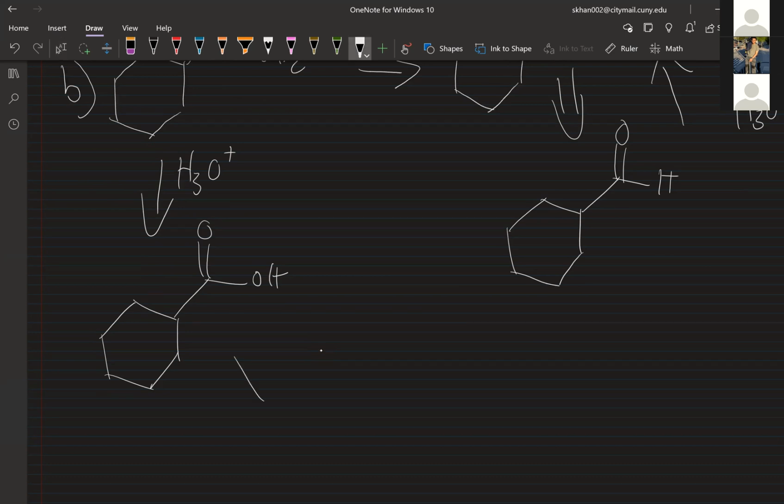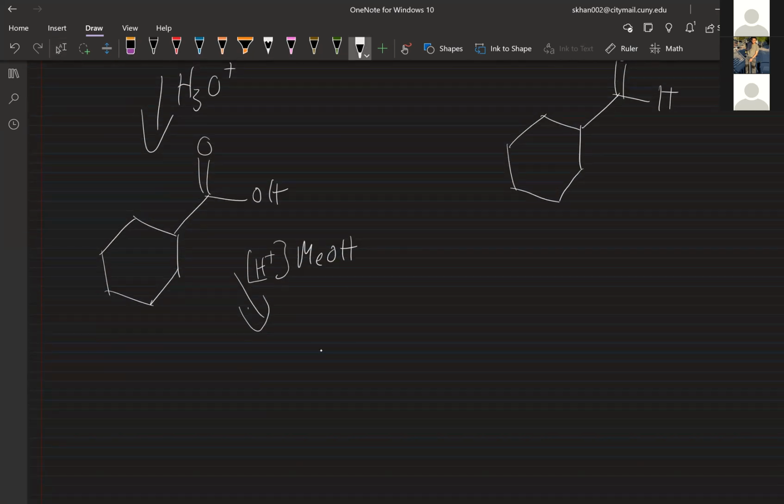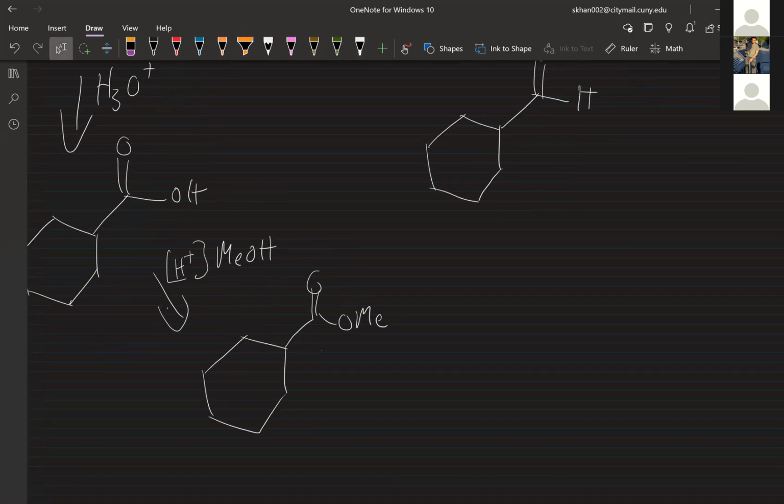So the next step would be something like Fischer esterification here, H plus, MeOH, to form an ester, OMe, right? Now from your ester to aldehyde here, you could just use DIBAL, right? I guess technically you need to work up in step 2.